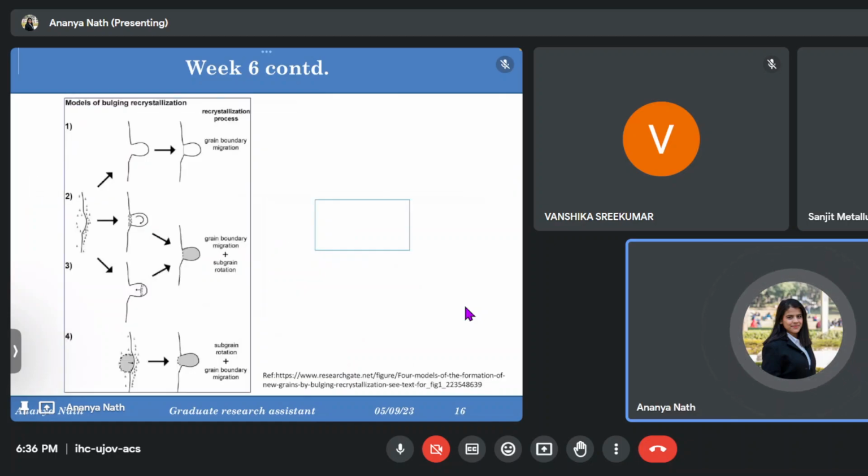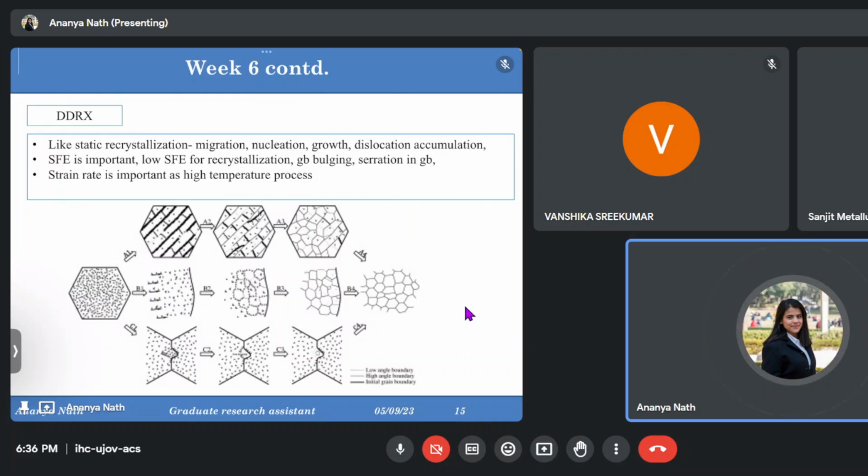It's called discontinuous, so the result will be inhomogeneous, whereas in CDRX, continuous dynamic recrystallization, as it's continuous, the new strain free grain formation is homogeneous. But for discontinuous, it's not that homogeneous, but it's as simple as the normal static recrystallization.